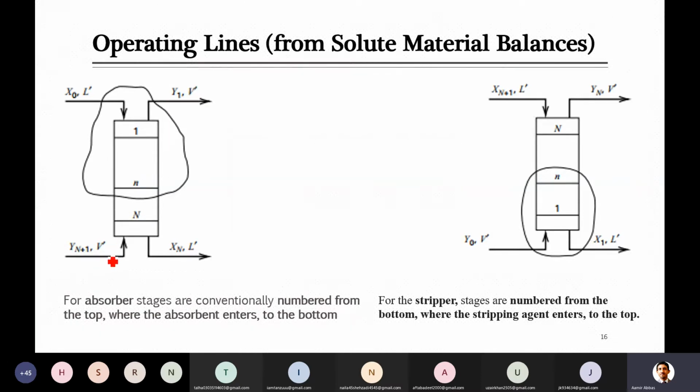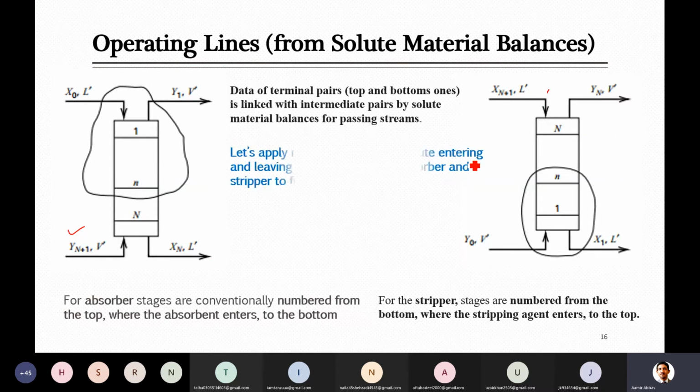Terminal means at the end, either entering or leaving. So this is the vapor entering terminal, this is the leaving or exit terminal, and similarly for the liquid, here it will be the entering terminal, and this will be the exit terminal. And similarly for the absorber, this is liquid entering, liquid leaving, and for the vapor.